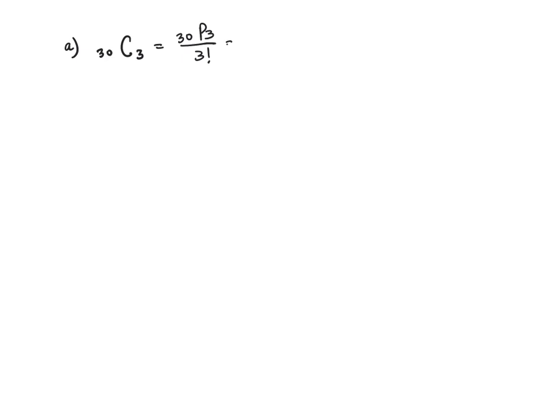And that gives us 30 times 29 times 28 divided by 3 times 2 times 1. And of course, we can divide through here. 3, 10, and 2 is 14. So the answer comes out to be 4,060.